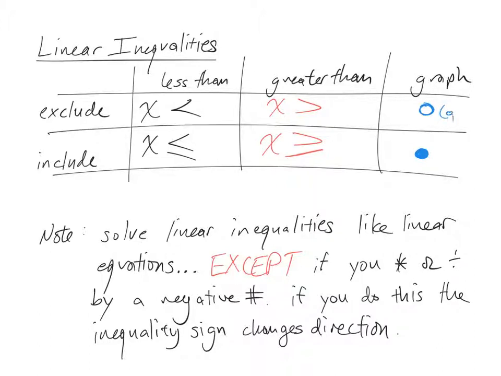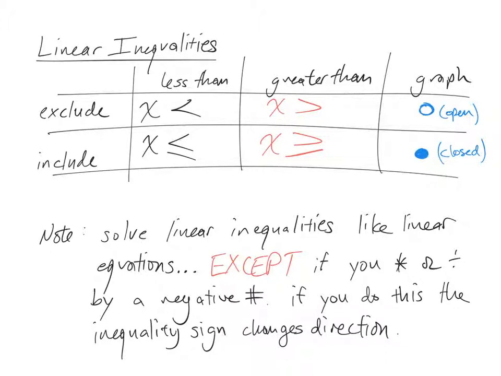So this is open and this is closed. And like I mentioned a few seconds ago, we would shade left, whether from an open dot or a closed dot, or maybe you're shading right from an open or a closed dot. I think you'll pick up pretty quickly on the examples in a minute.